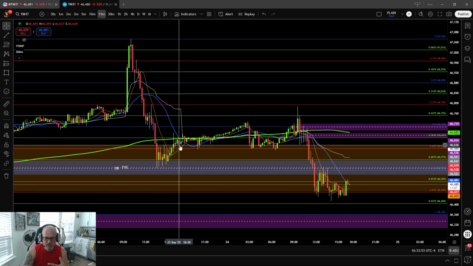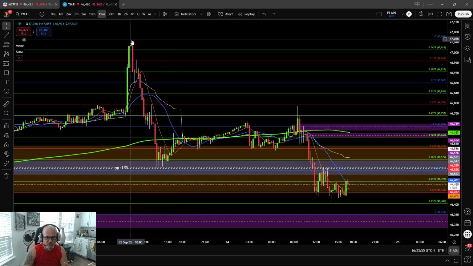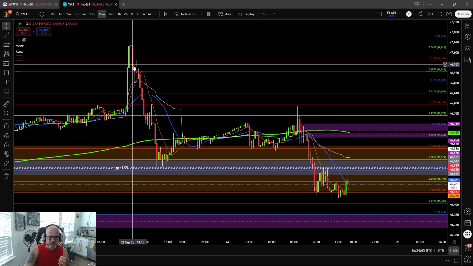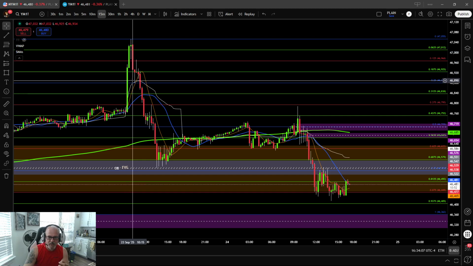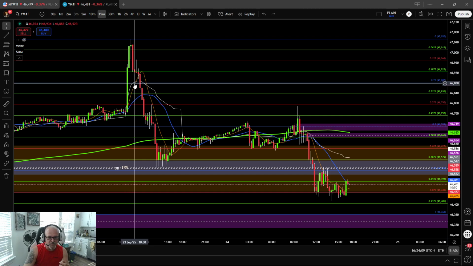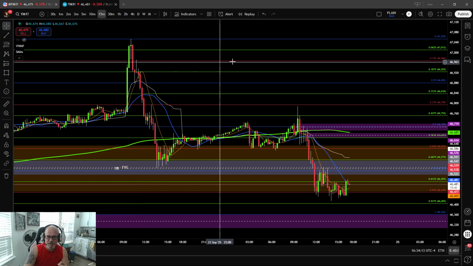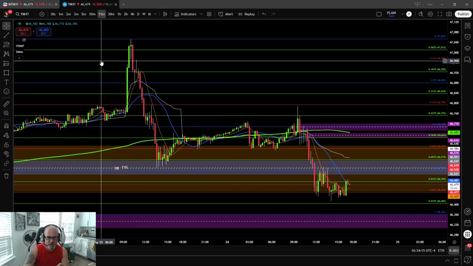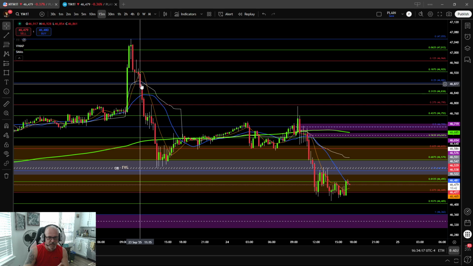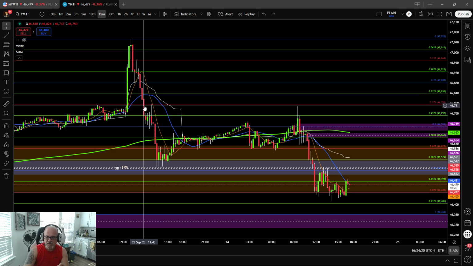But all these lines were drawn just as soon as I pulled this up here. It wasn't on the way back down that these lines were drawn. It was from the high that these lines were drawn. So you can see what price action does when it comes back down, right? It comes back down to the 25% level, bounces up, goes into premium pricing of this quadrant, and then falls off and gets below the 25% level.